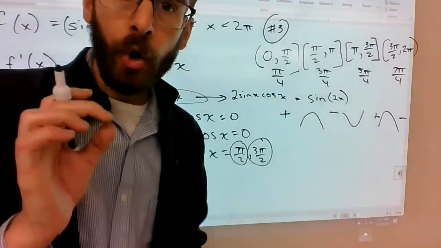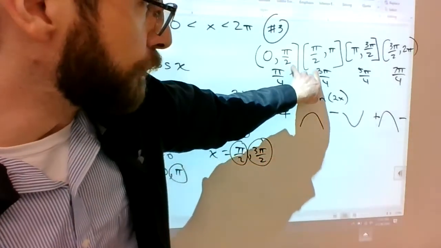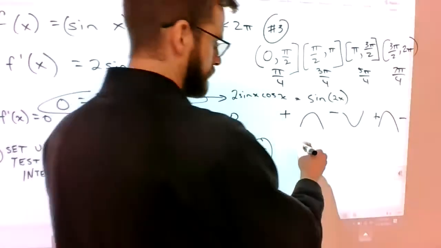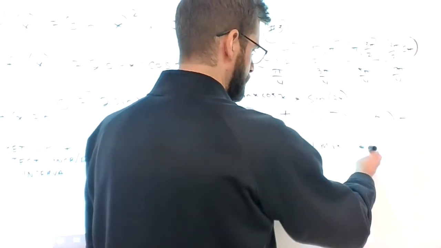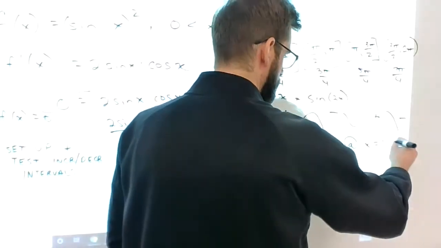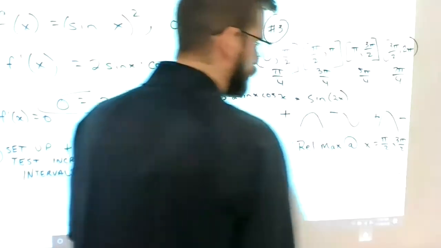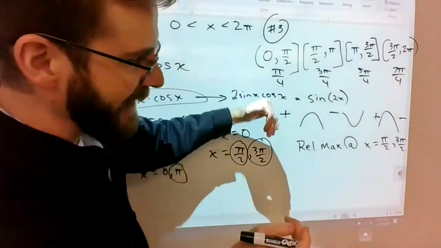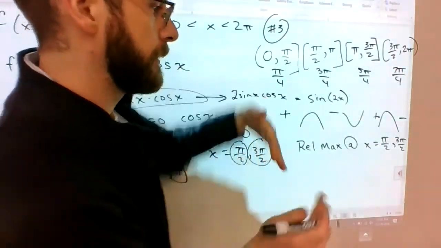So you've got relative maximum values at pi over 2 and at 3 pi over 2. You've got a relative min value when you go from derivatives being negative, decreasing, to derivatives being positive, increasing.